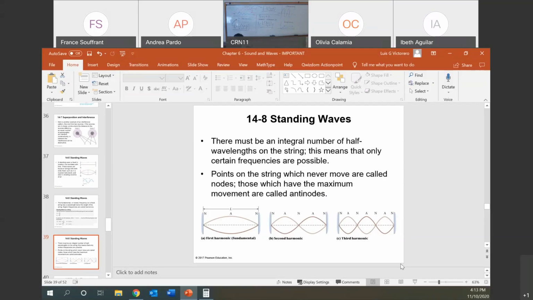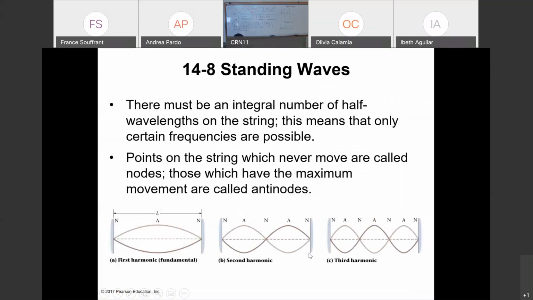Here. The antinodes are the crests, the peaks. So once you understand the first harmonic, it's easy to get the idea for the other situations.